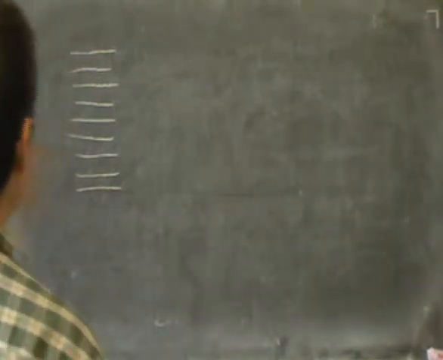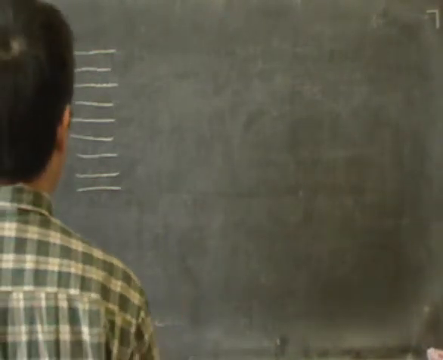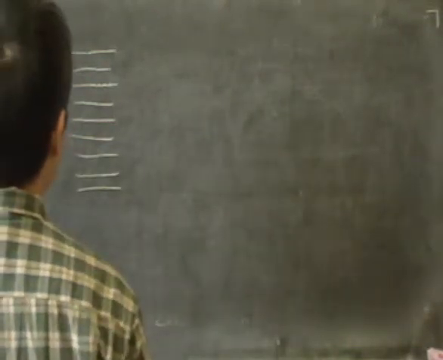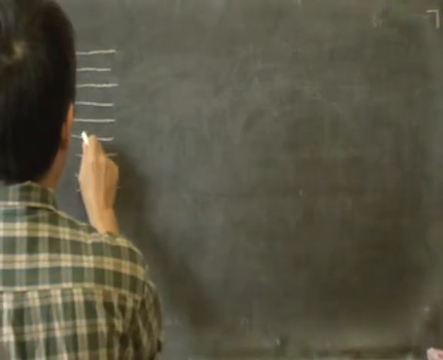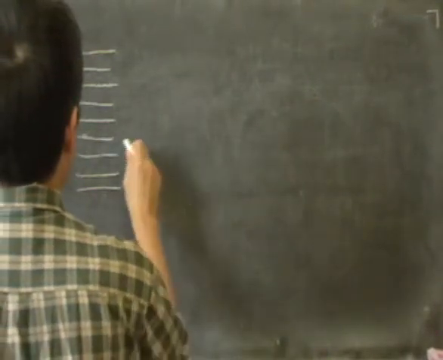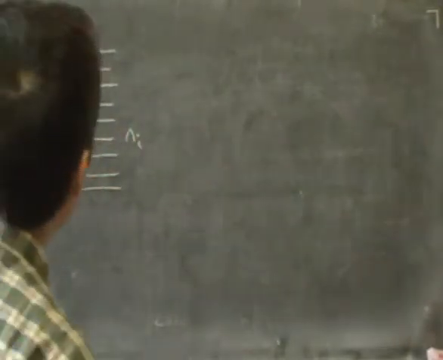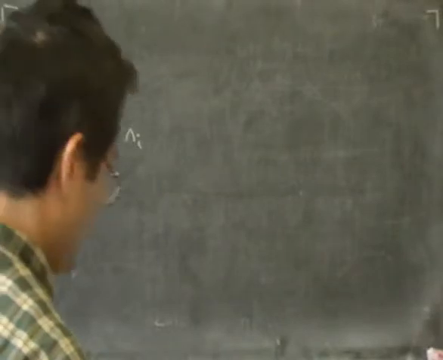So these represent energy levels. Let me call that Ei, for example. And in each energy level, there might be a number of particles there. Now I'll call that Ni. Right.